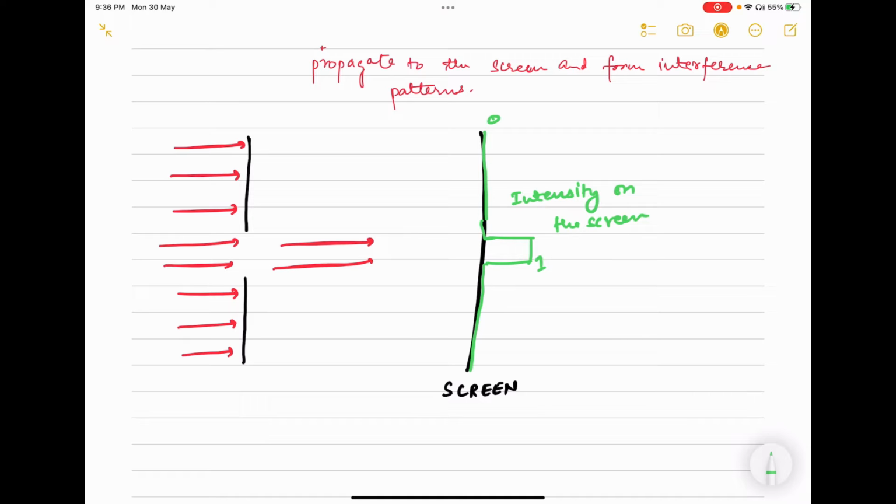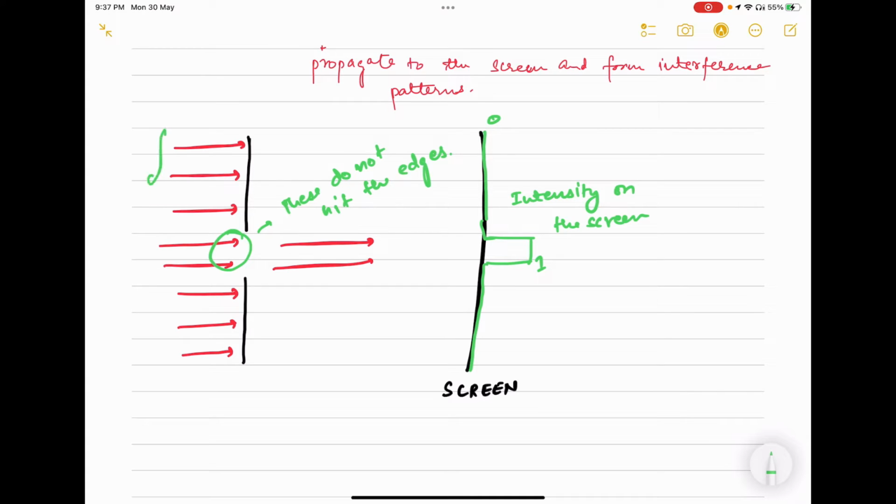It is to be noted that these do not hit the edges. Hence, they pass straight through the gap.